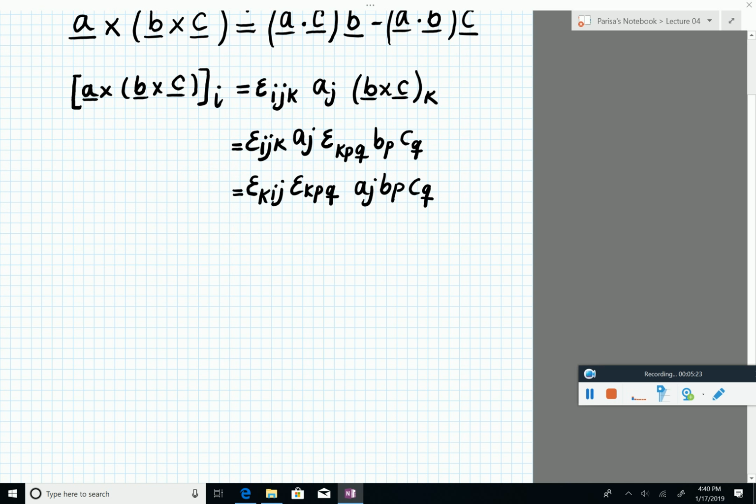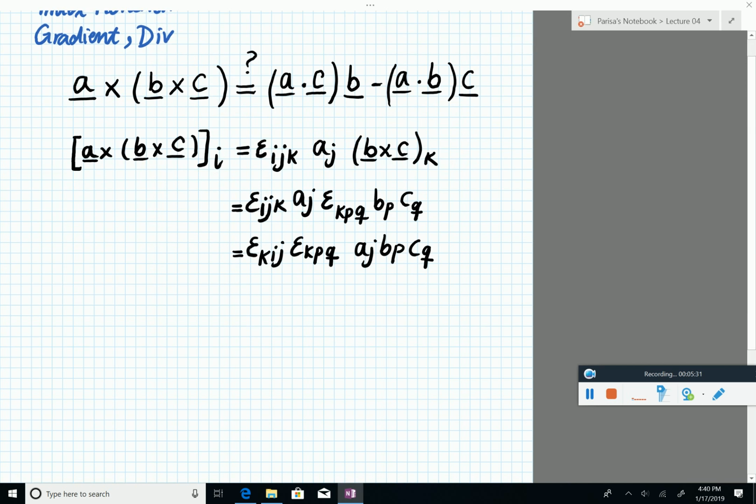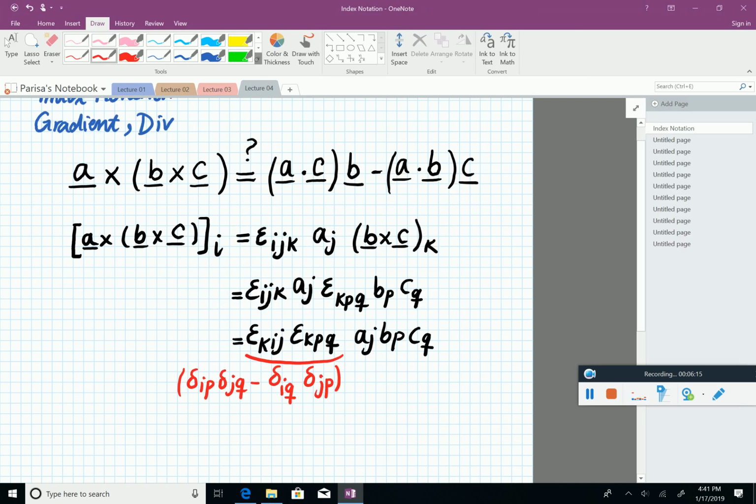Now it's time to look back in your notes, or if you trust me, at least remember that we talked about this product, and I told you that if you are patient enough, you can show that this is equal to, with the indices i, j, p, and q here: delta_ip delta_jq minus delta_iq delta_jp.